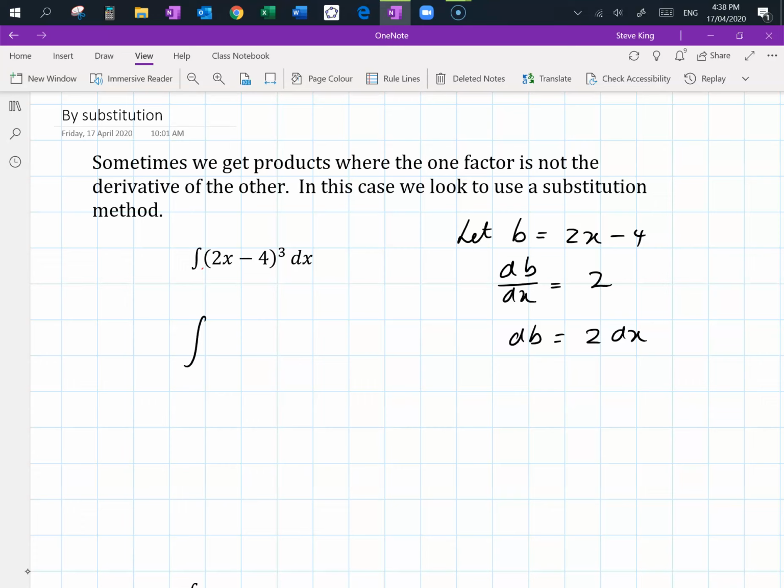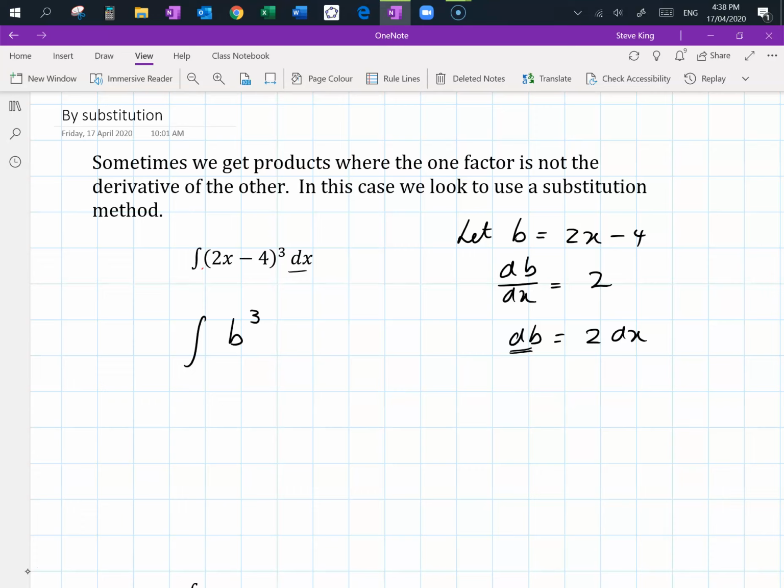It's the integral of b to the power 3, but then I've got a dx over here, and I can't integrate something that's b to dx. I've got a db over here, which would be useful, but I've got to have a 2 dx's over there.